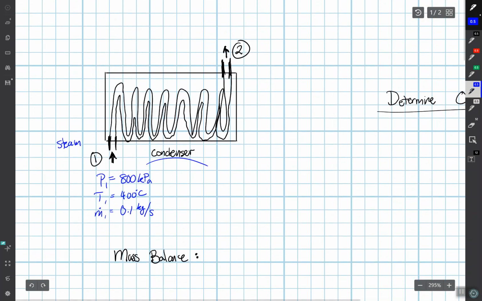And what we know about the outlet, we know that the outlet pressure is the same 800 kilopascals. Right, I'll write just a note. This is typical for condensers, if I could spell.